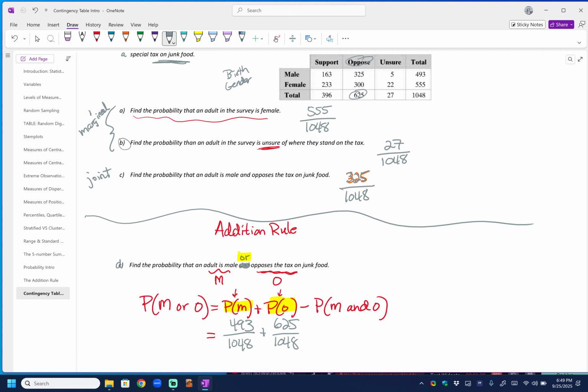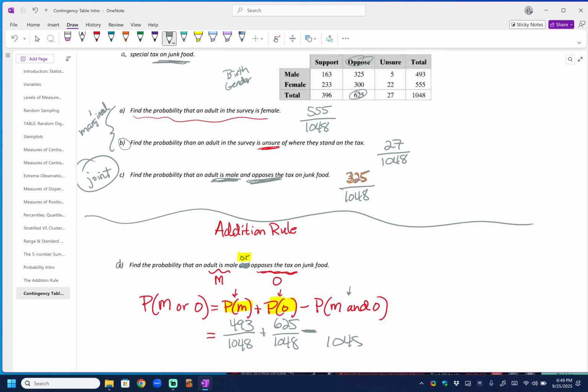So what do we need to do? We need to subtract the probability of male and oppose. But again, male and oppose, look at this over here. Didn't we already find the probability of male and oppose? We did. It was a joint probability. So our last probability is a joint probability, and yes, we already found it.